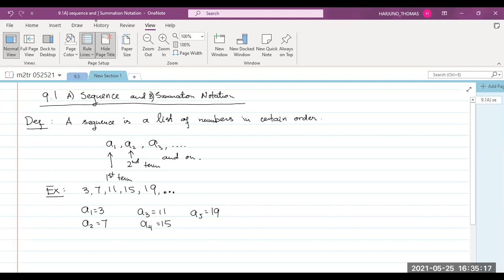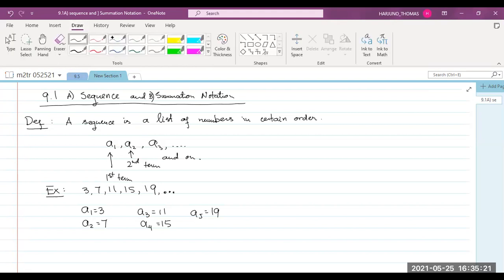Now, our textbook defines it in a slightly different way, but actually the same meaning. They define it as this: a sequence is a function with positive integer domain.